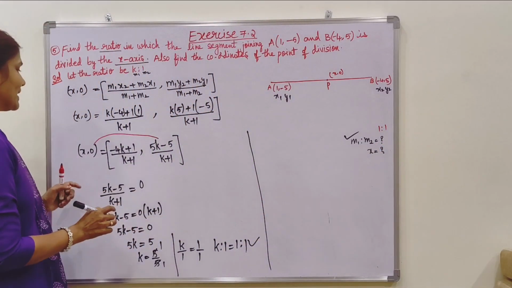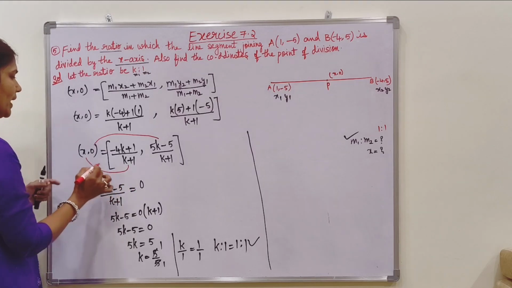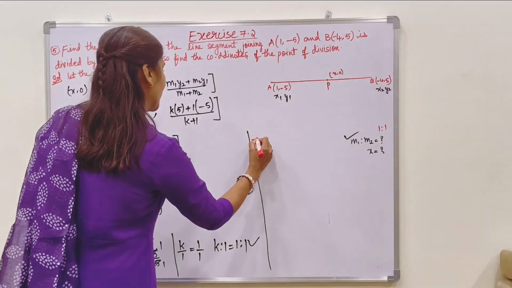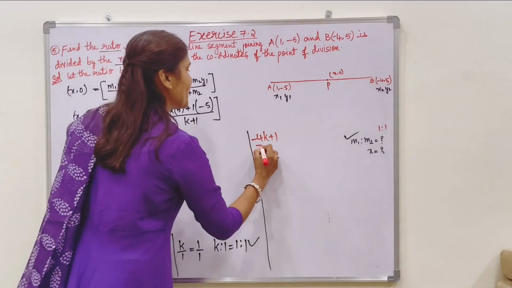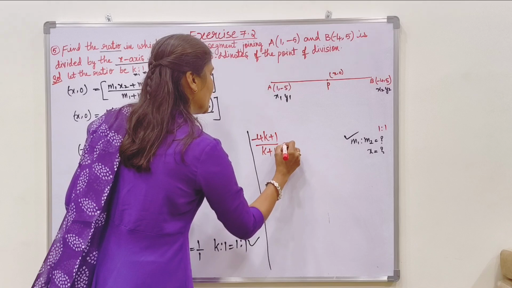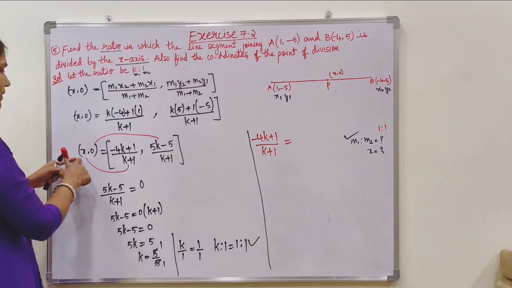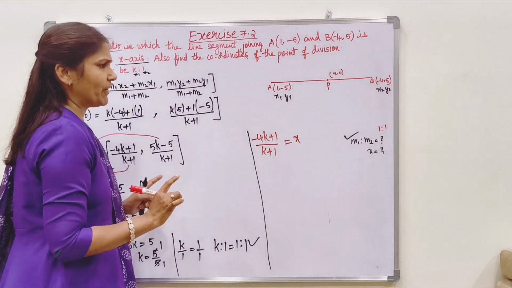Next, we take the first equation. Minus 4k plus 1 divided by k plus 1 is equal to x.